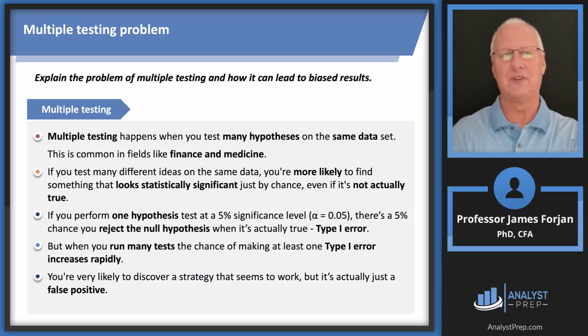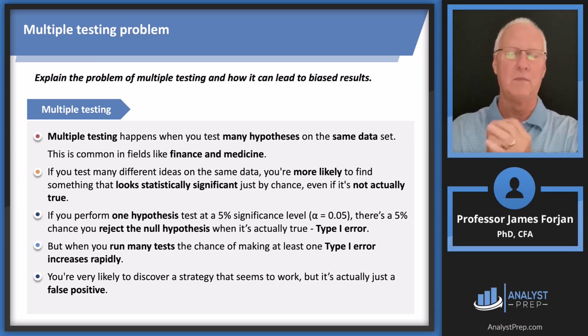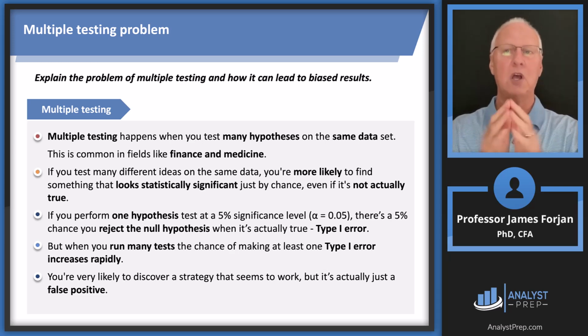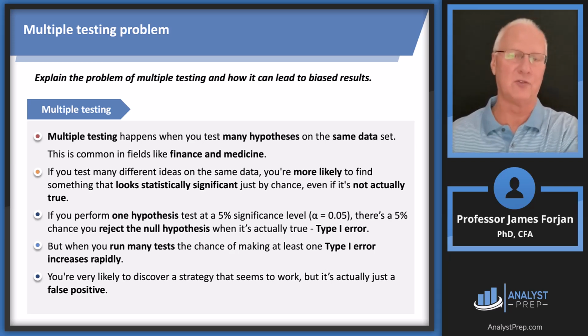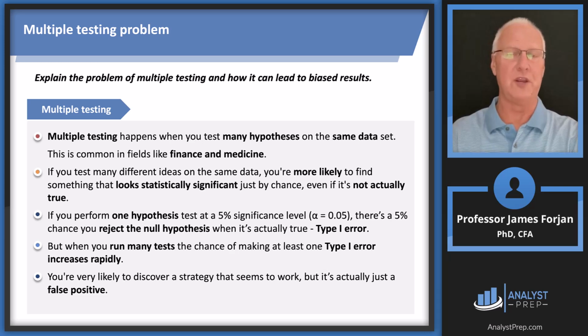Now here's this last learning objective where I said I'm going to have a little bit of editorialization. So let me tell you about multiple testing. Suppose that you go and collect the data on our previous example with stock returns and bond returns, and you perform that test that we just did.